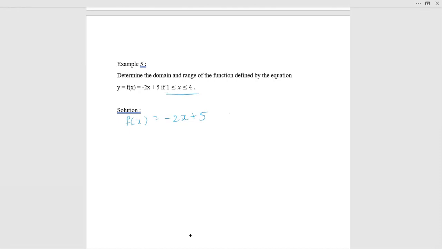The question gives us 1 less than or equal to x less than or equal to 4.